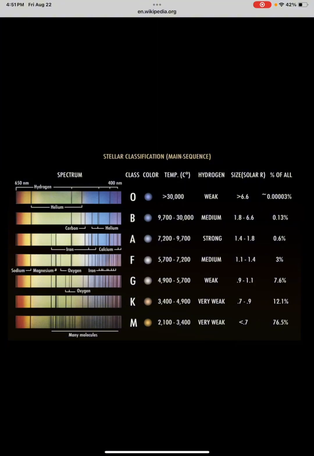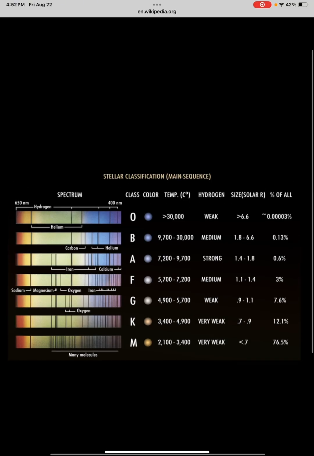You have the helium lines and the hydrogen lines. I hope this makes sense. For a class B star, you see how we have the helium lines and carbon lines, and down to class M we have many admixtures because we have I guess many types of elements and molecules included in those stars. But for a comparison, okay, so this is the spectrum of main sequence stars.